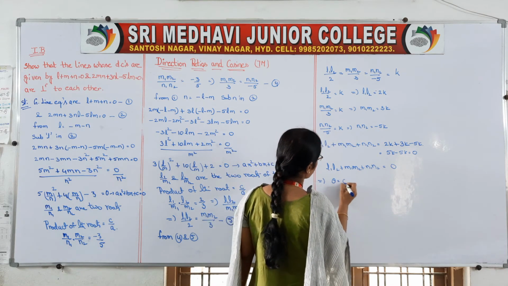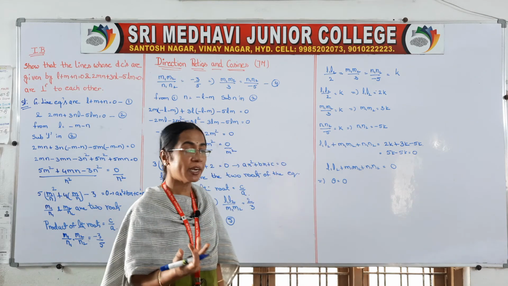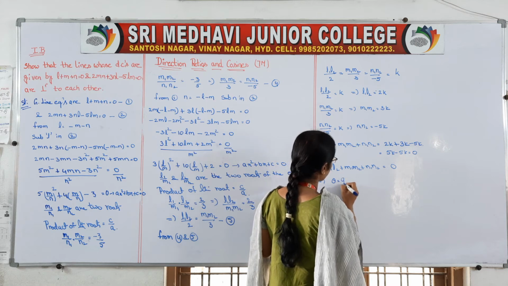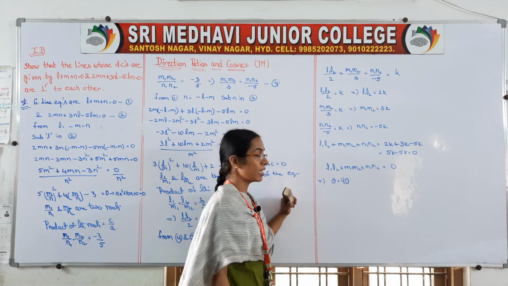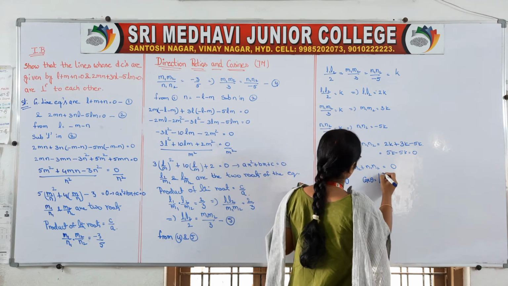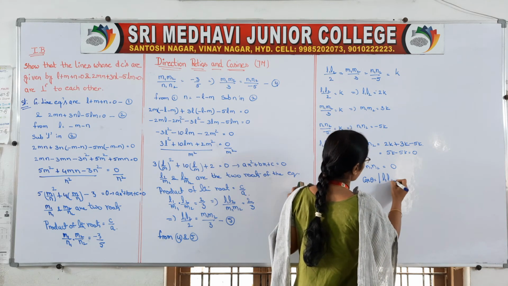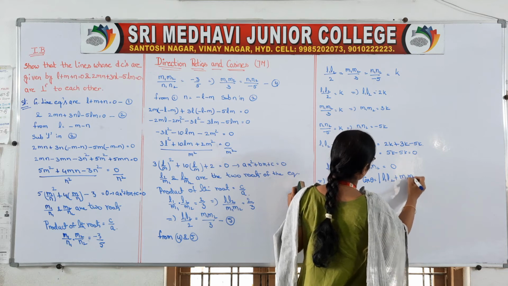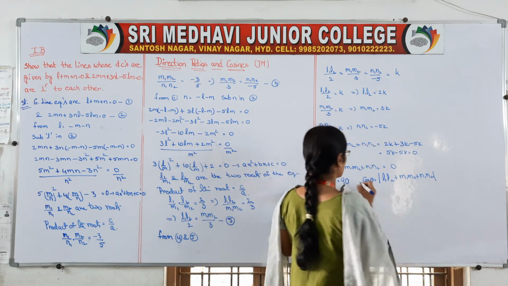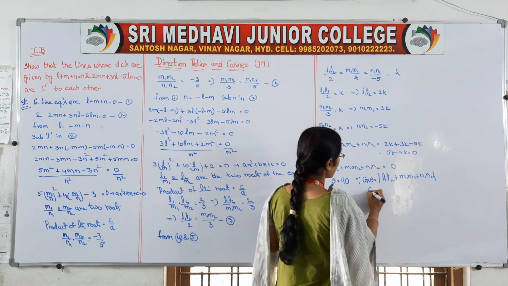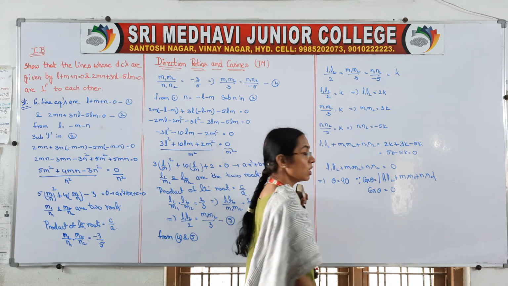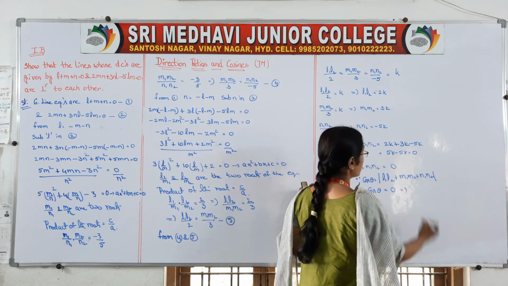This implies theta is equal to 0. How, madam? Is it correct that theta is equal to 0? No, theta is equal to 90. There is one formula: cos theta is equal to modulus of L1 L2 plus M1 M2 plus N1 N2. Since we got cos theta as 0, cos of which angle is 0?